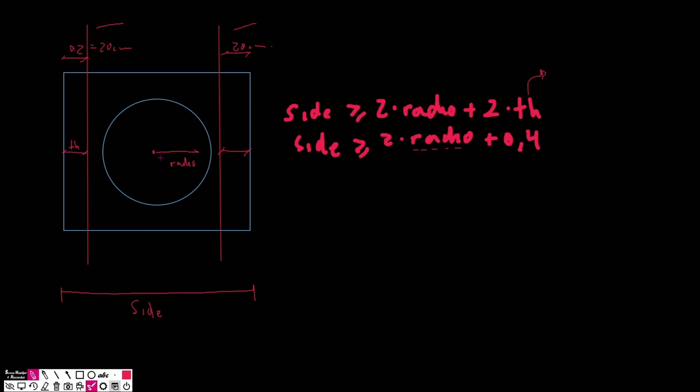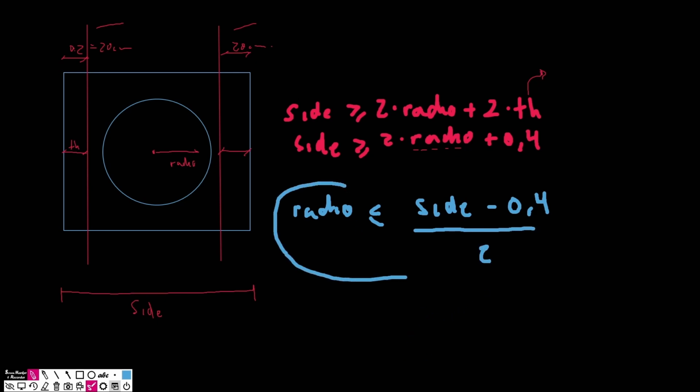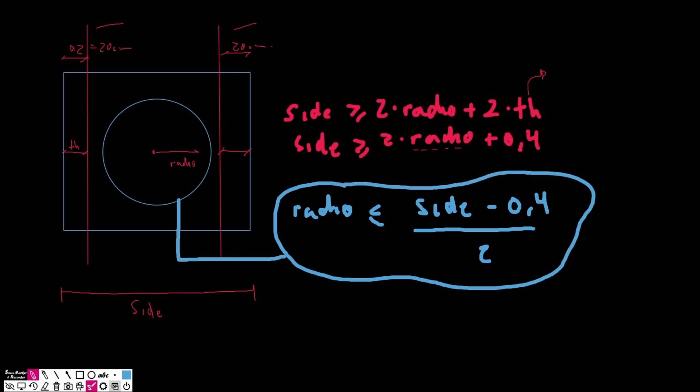I just want to limit the maximum radius. So the parameter radius should always be less than the side minus 0.4, divided by 2. This is the equation that I am going to define for this parameter, the radius.